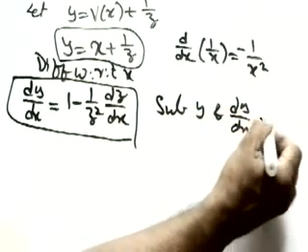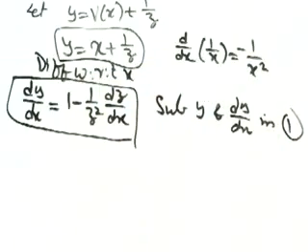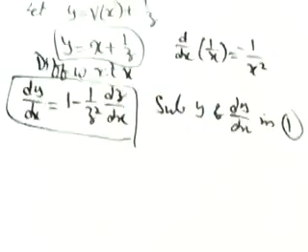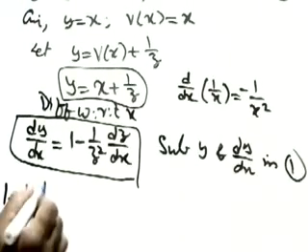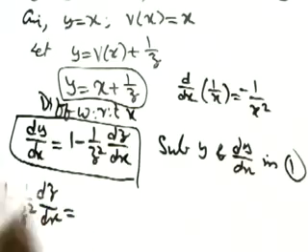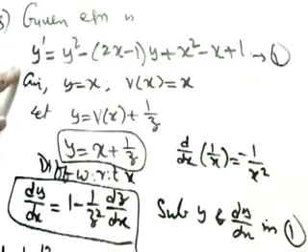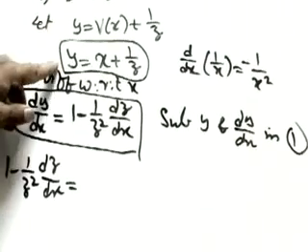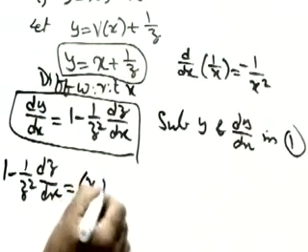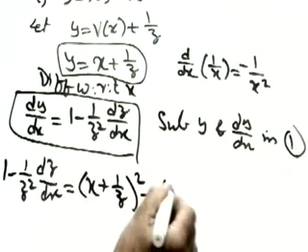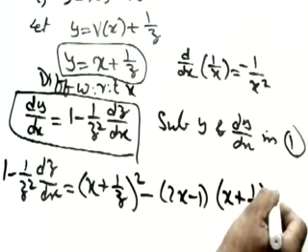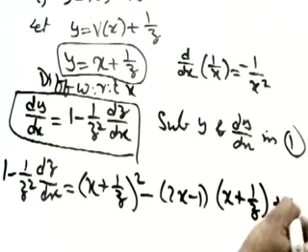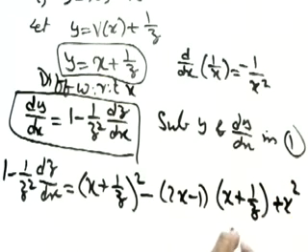So y' will be 1 - (1/z²) dz/dx, equals y², where y is x + 1/z, so (x + 1/z)², minus (2x - 1) into y, which is (x + 1/z), plus x² - x + 1.